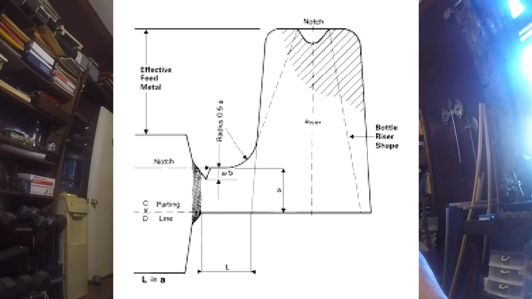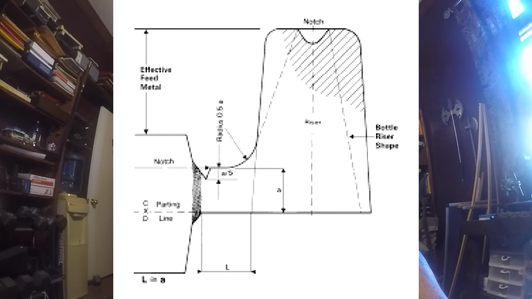It's not going to feed that casting. But this also just might be somebody's idea of making an illustration. In the real world, I would have a lot more of that mold cavity opened up, a channel opened up to feed from the riser into the casting.